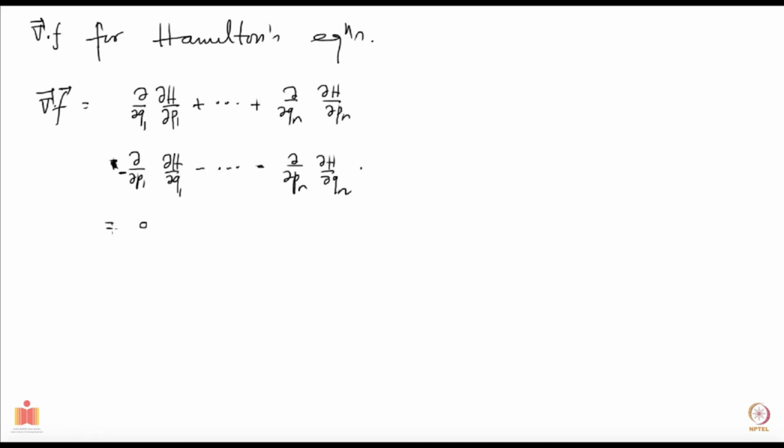So indeed, for our Hamilton's equations, we have divergence equal to 0, which means that whatever volume you take in the phase space, it's going to evolve with time in such a manner that this time derivative is 0, meaning the volume remains unchanged with time.